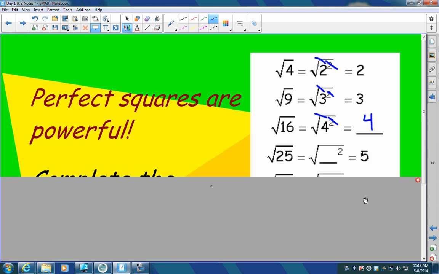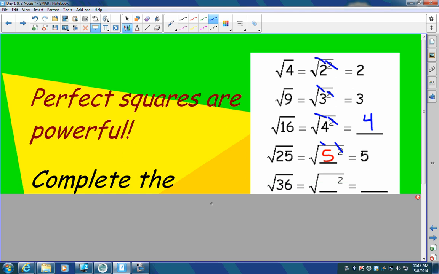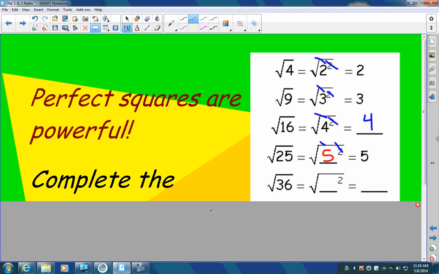What about in here? In the blank, it would be a 5. 5 squared is 25. The squared gets rid of the square root sign, and that's why it's 5. This one would be 6 squared, and then the square root of 6 squared is 6.